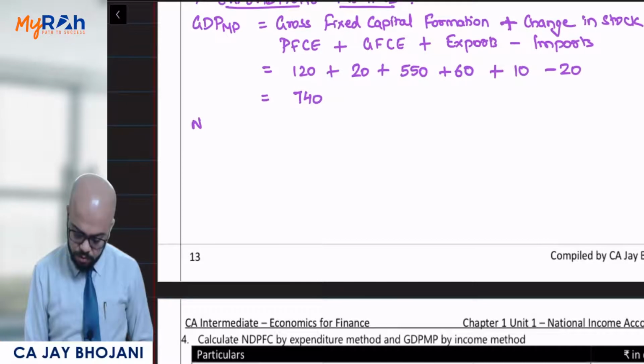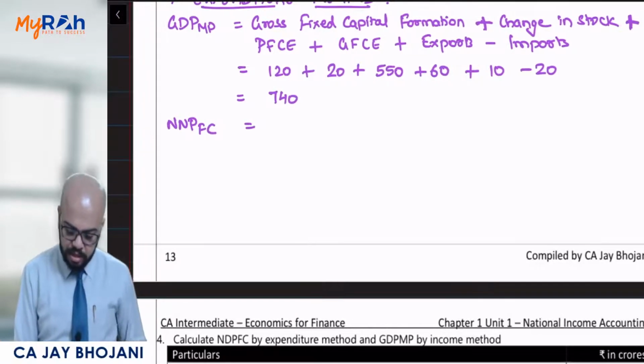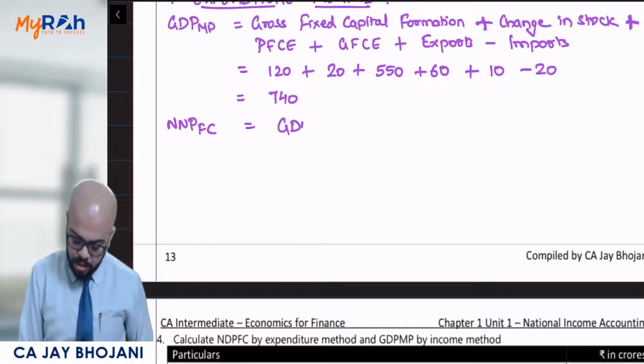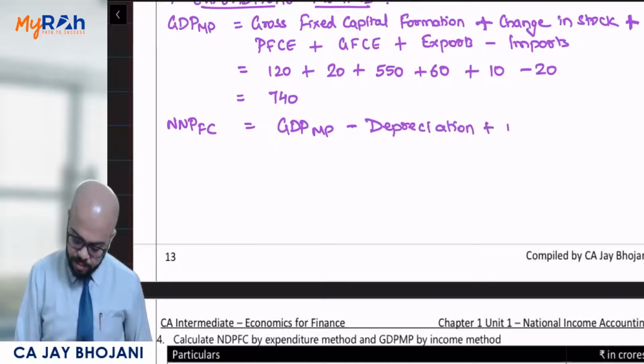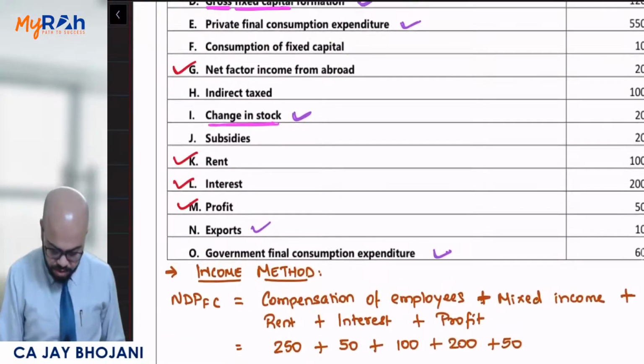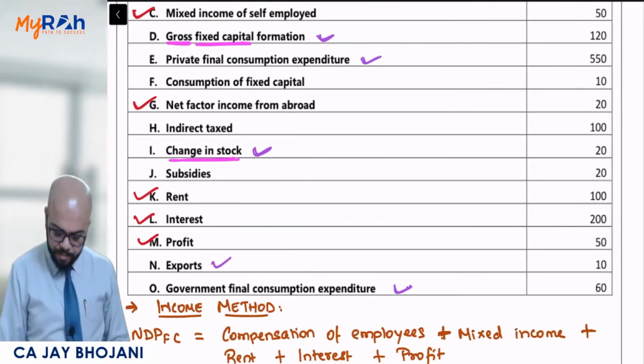From this I want to find out NDPFC. NDPFC will be GDPMP minus depreciation first of all, then plus NFIA, minus indirect taxes and plus subsidies. Putting the values, this is 740. Depreciation was given to you as consumption of fixed capital.